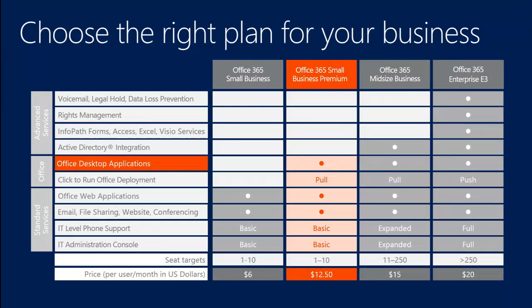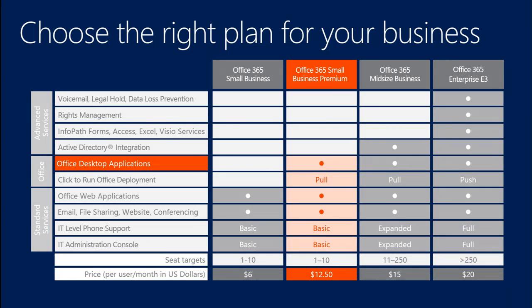Again, it just depends on the needs. The other one for small businesses that I've talked to, where it matters, one of the decision points is a lot of smaller legal firms really prefer the enterprise SKU for some of the archiving and compliance options, things like in-place hold and e-discovery. They like to have that for regulatory purposes.